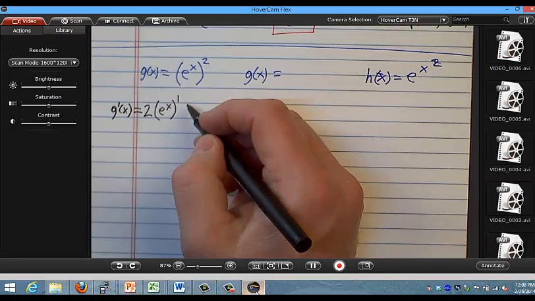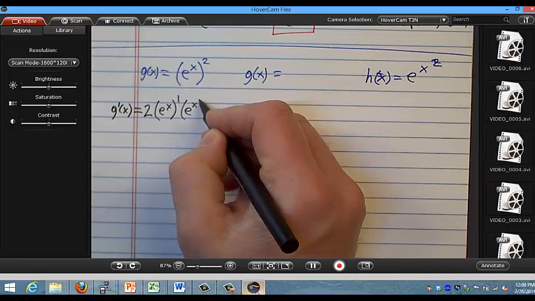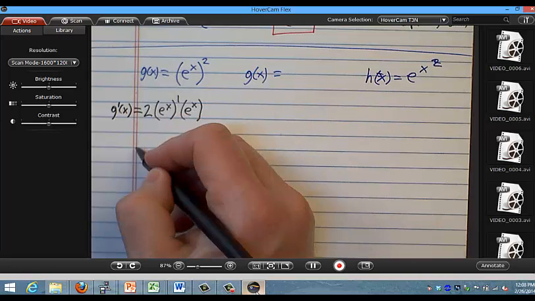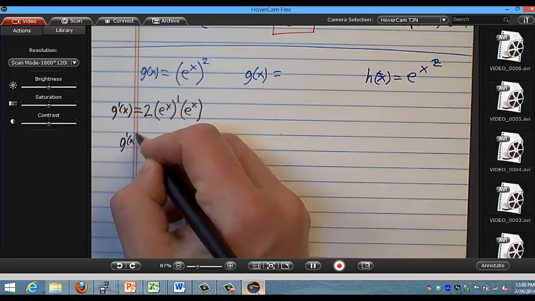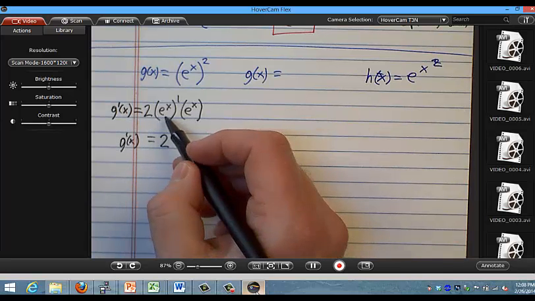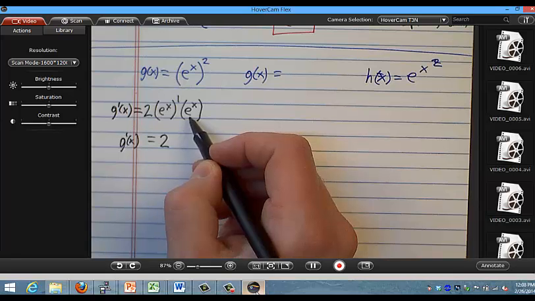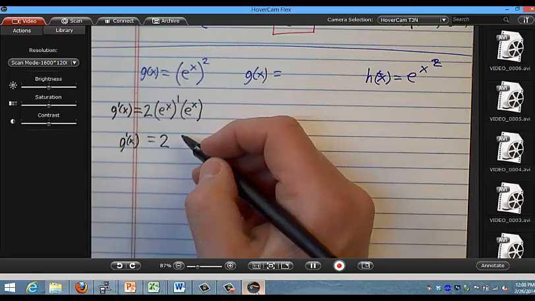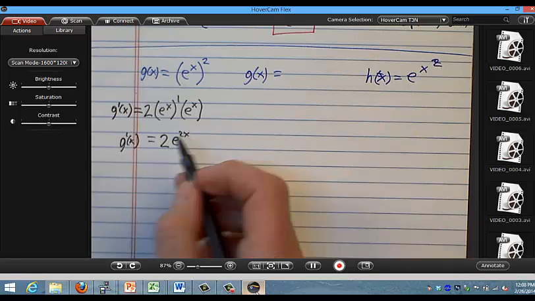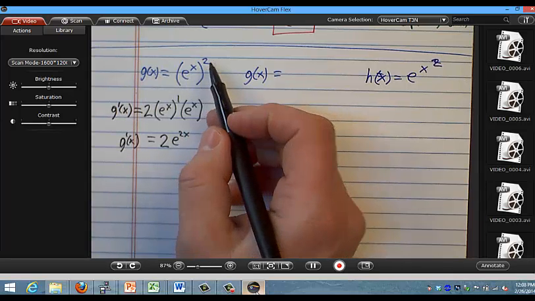E to the E to the x, right? So that's kind of interesting. So g prime of x could be written as 2. Now what is e to the x times e to the x? E to the 2x. Well, it's funny, you said e to the 2x, right? Because you're right. It's e to the x squared is e to the 2x.